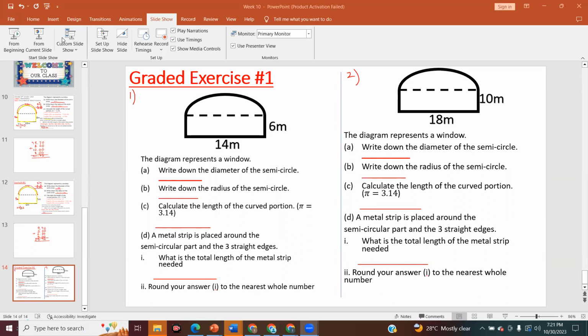I have 1C. You're on 1C. And Jevin, what number are you on? I'm on... I mean, I am on C1. C1? Okay.